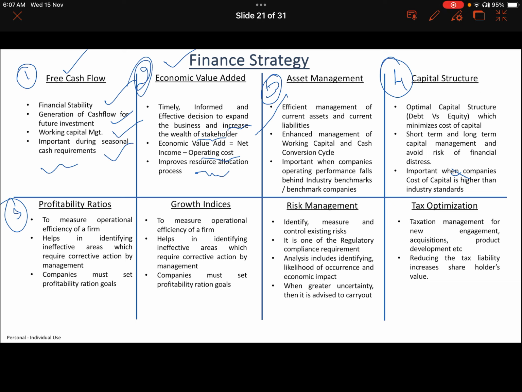A finance manager's job is to measure how operations are happening in a company, what was targeted, and profitability ratios. Always there is a target given to a particular department, and after a couple of months there will be actual results.